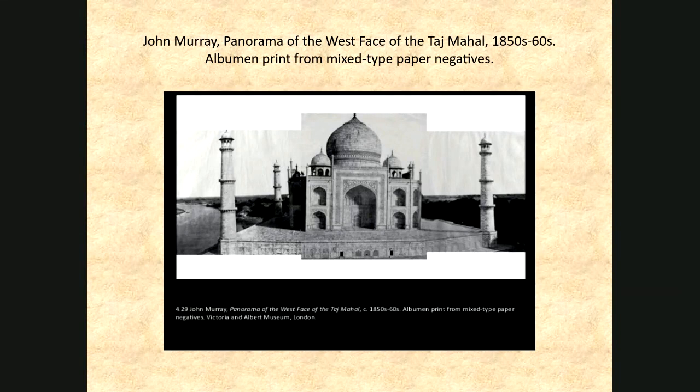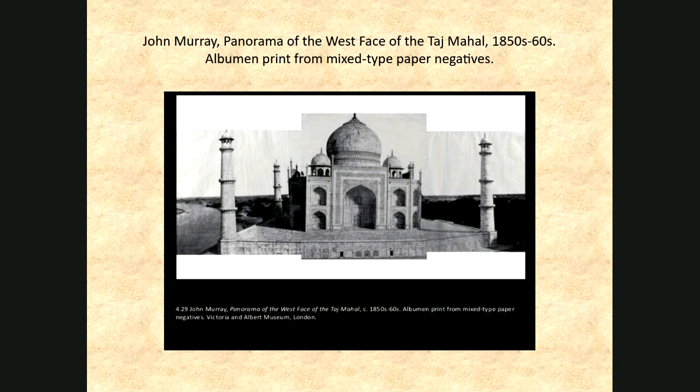He didn't have the rotating panoramic camera, the swinging lens that we looked at last week. He was using just one camera and moving it along, and you can see how that happens in this photograph. The center is a taller image than the ones on the left and right. This is his panorama of the Taj Mahal.